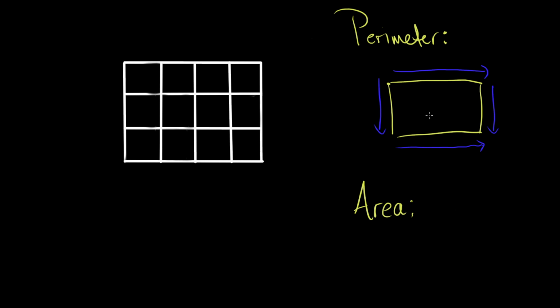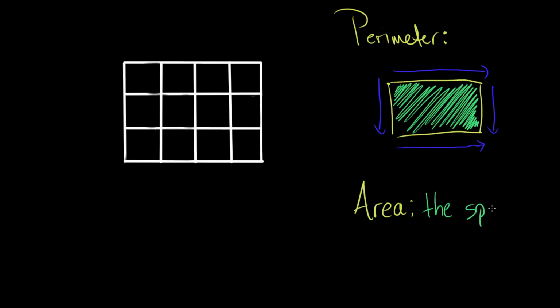So if we look back up here at this shape, if the perimeter is the outside of the shape, the area is the space taken up by the inside, or on the inside. So we might say the area is the space on the inside of a shape.